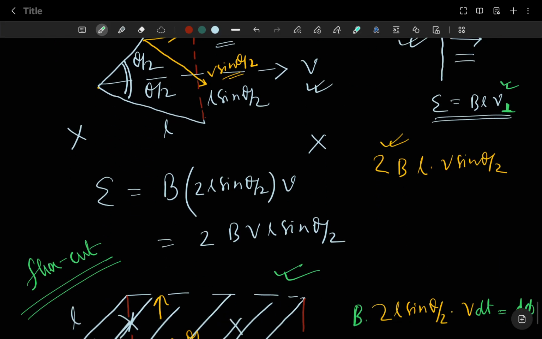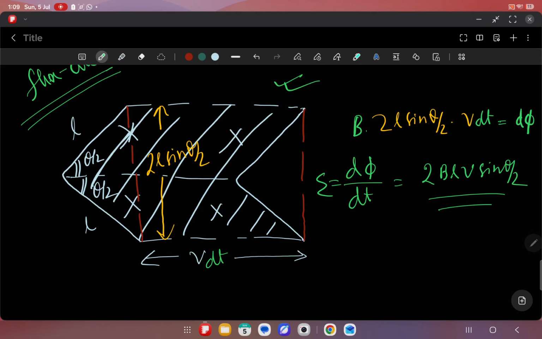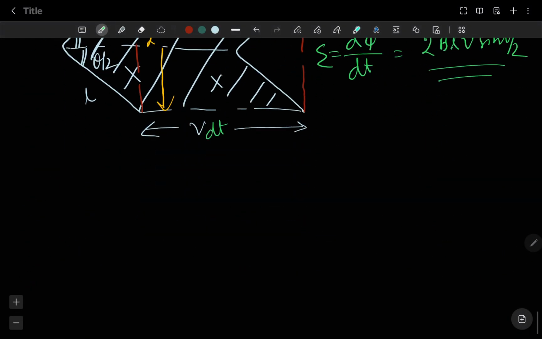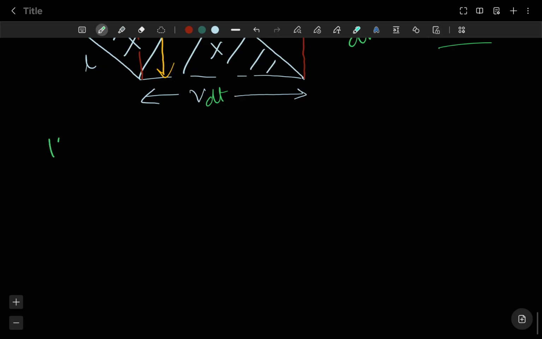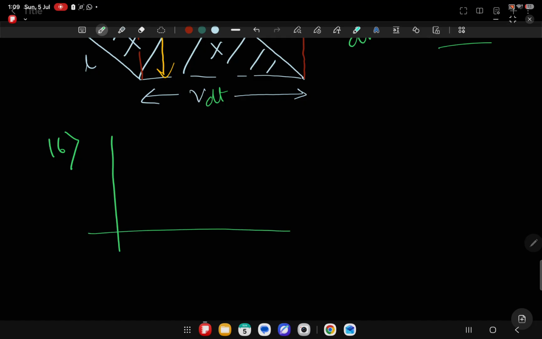Now 16. So here the I-t curve is given. It is like this, this and this.